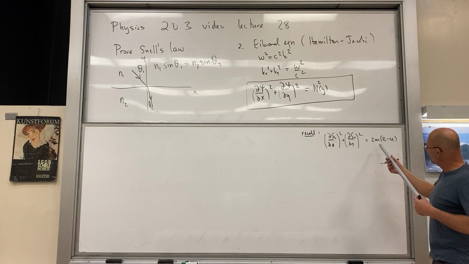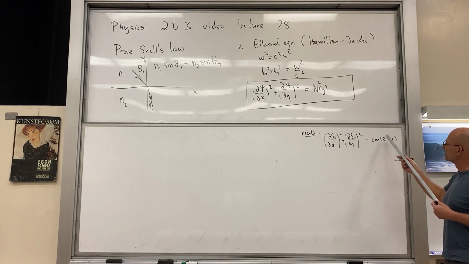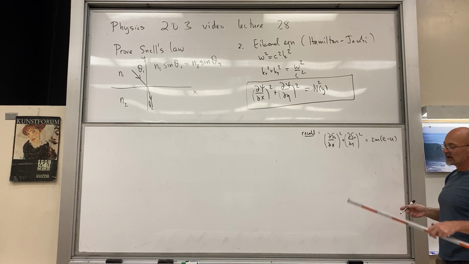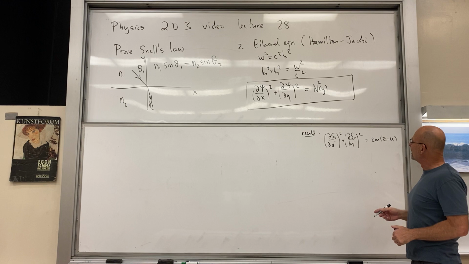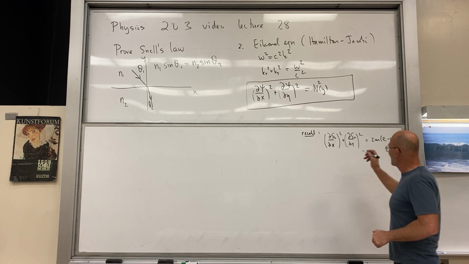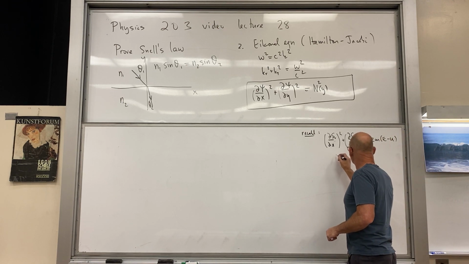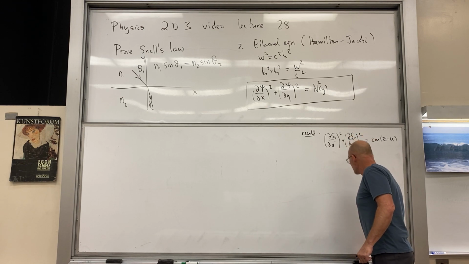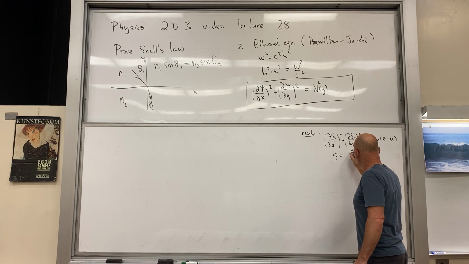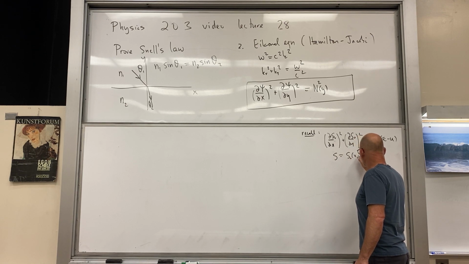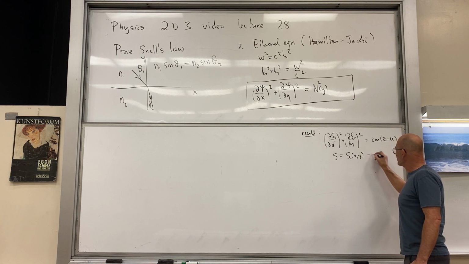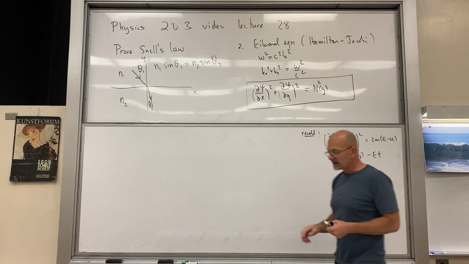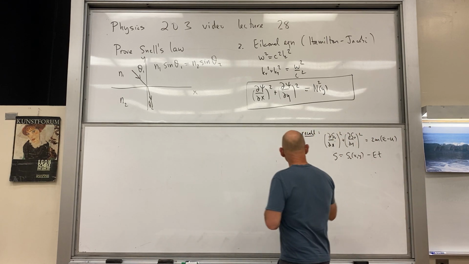And then this here was a function of the coordinates. So this is actually going to be easier than this one. And then we would have had S equals S naught of x and y minus E times t. That was our Hamilton-Jacobi technique, just kind of reminding you. Let's sequester that off here.